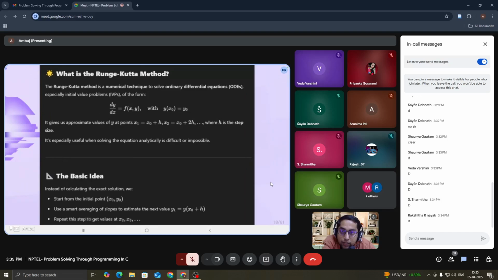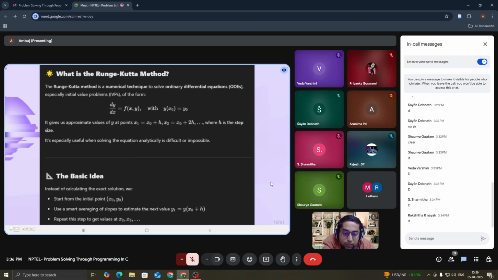It's a numerical technique to solve ODEs, ordinary differential equations, especially initial value problems. Initial value problems are those in which you would be given a particular value of f of x at a suitable point x0.